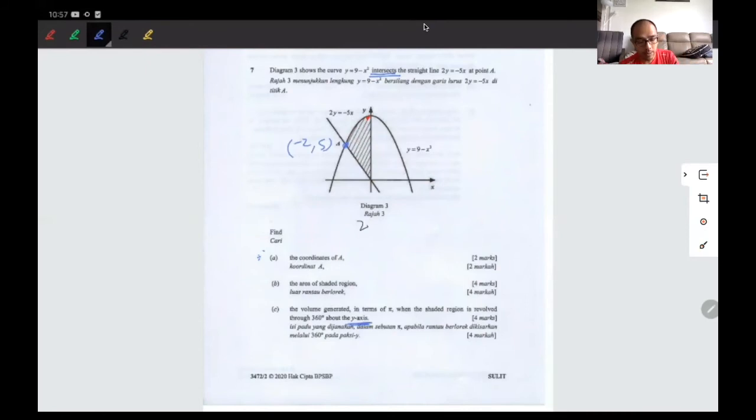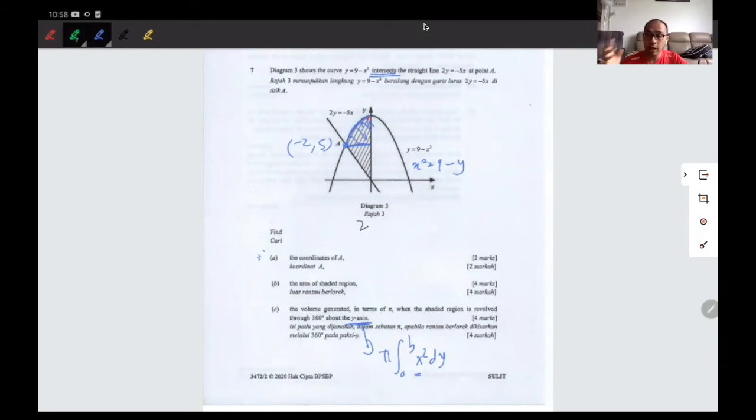Y-axis means pi integral a to b of x squared dy. I want x squared, so the good news is you already have it: x squared equals 9 minus y. But the problem is, this is the curve, and if I split this into two and revolve the blue section, I will get a bowl.